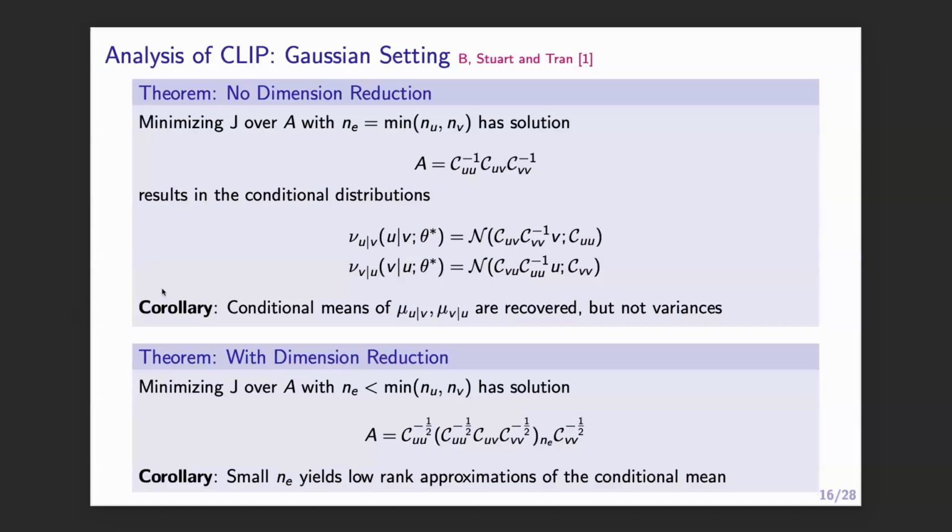So what this means is that we recover the conditional means of the true data distribution, but not the variances. This is a result assuming that the embedding dimension is fairly large. You can derive a similar closed form result under a smaller embedding dimension, but philosophically it's the same idea.